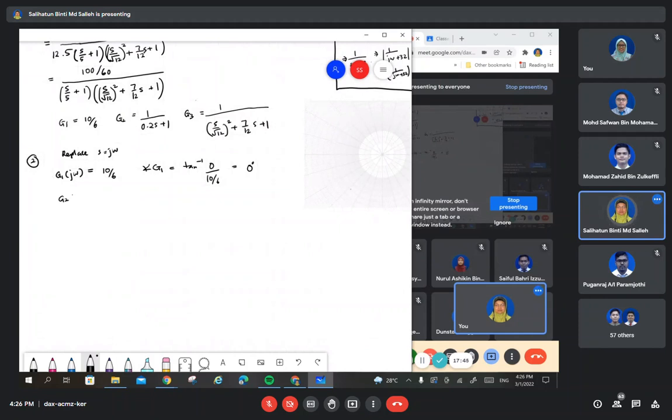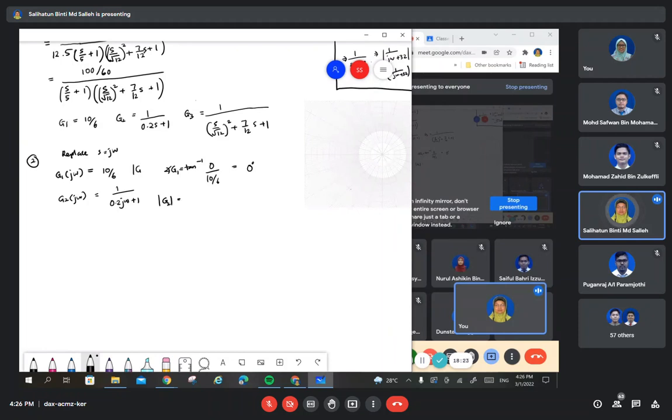For G2, 0.2 j omega plus 1. We write this is the phase, this is the phase of G1, because you want to calculate the magnitude of G2.